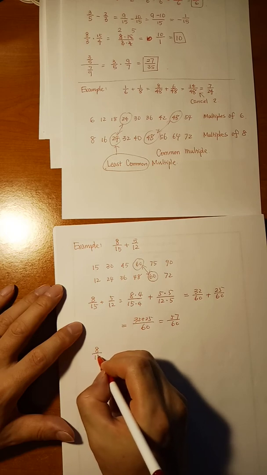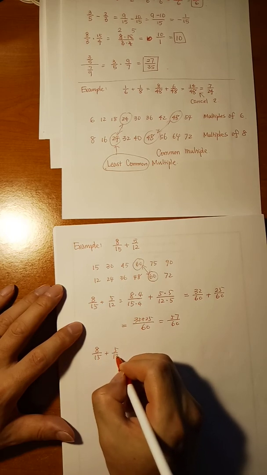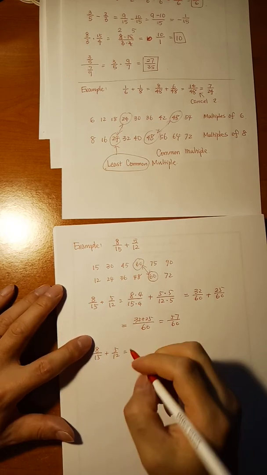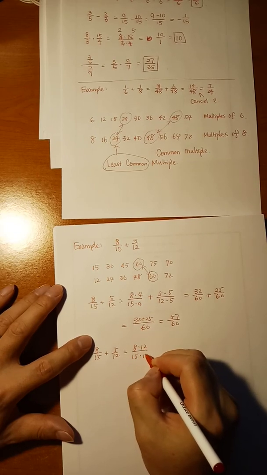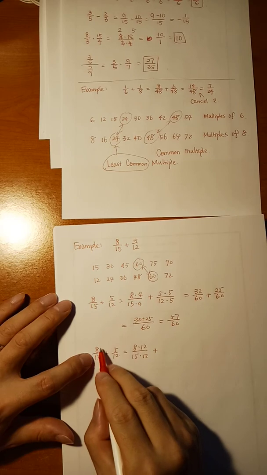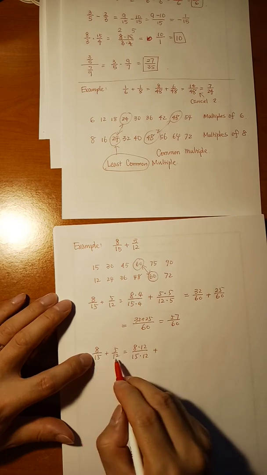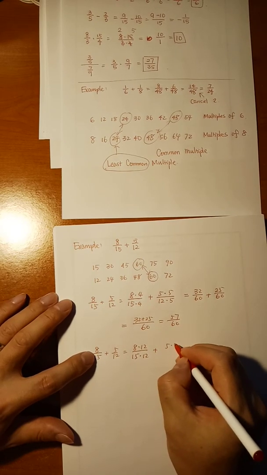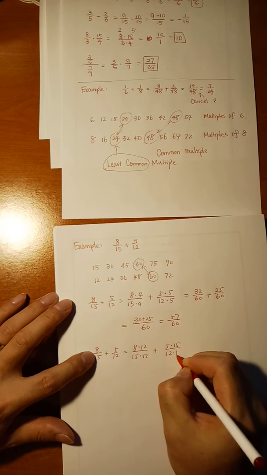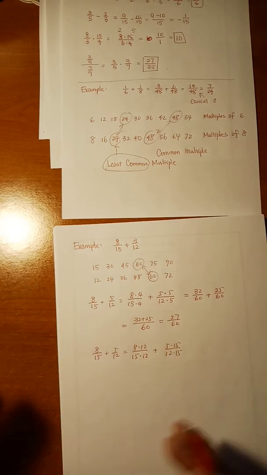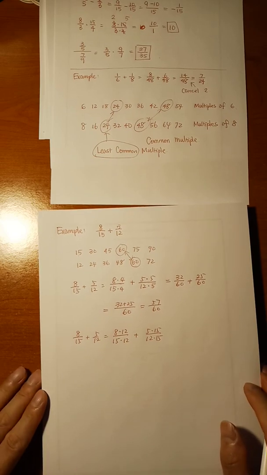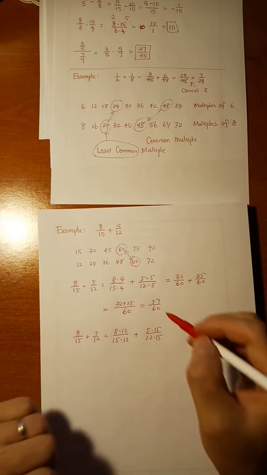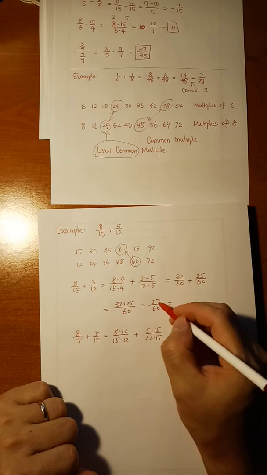If we don't know the least common multiple, we're going to multiply the first quotient top and bottom by 12, the second quotient top and bottom by 15. Those numbers are huge. So we try to avoid bigger computation. That's the only reason. Unfortunately, this one you still need the cancellation.